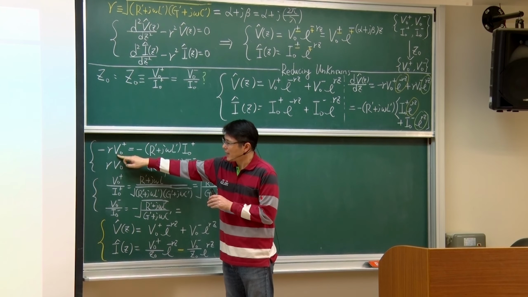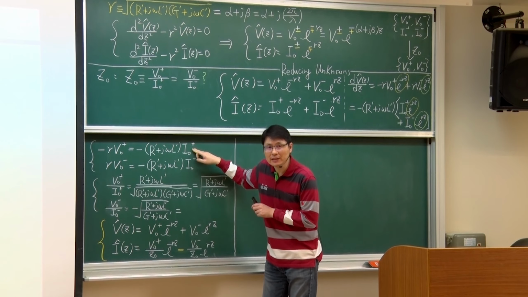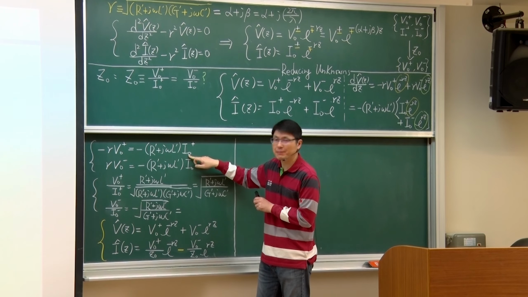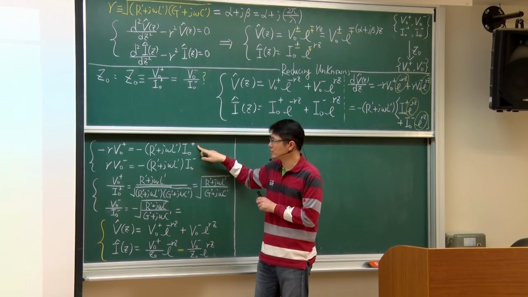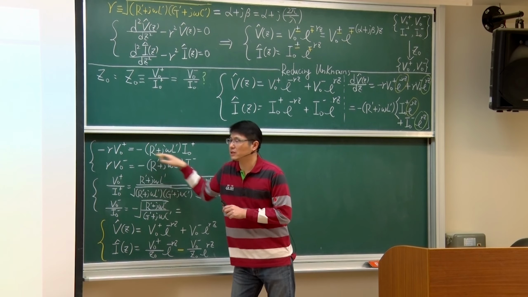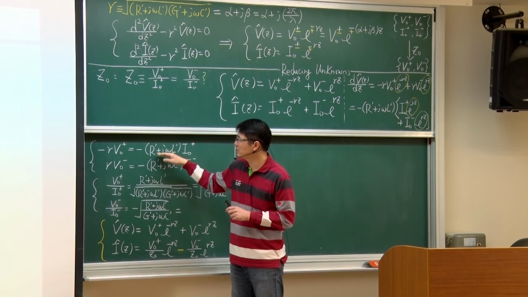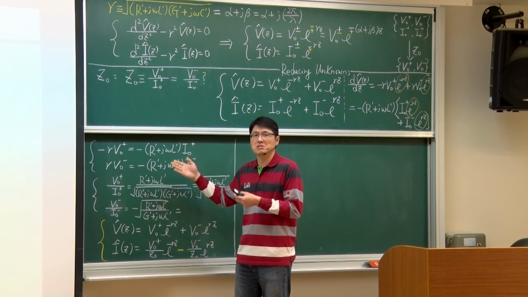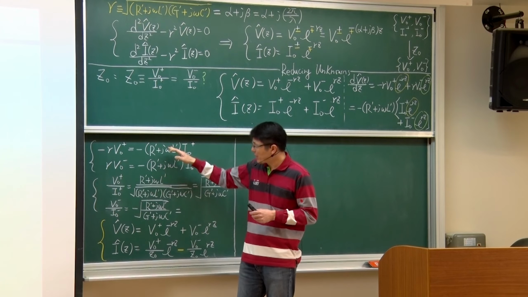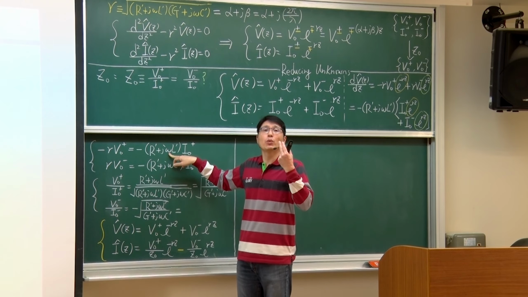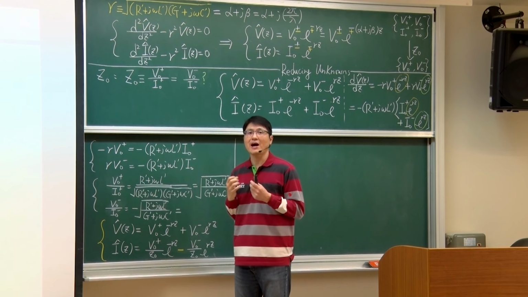So somehow, the voltage amplitude in the positive direction is related to the current amplitude in the positive direction, and is linked by the complex propagation constant and this resistance and inductance. Basically, whenever you determine the working frequency, this is a constant.